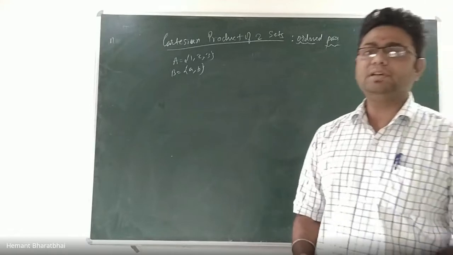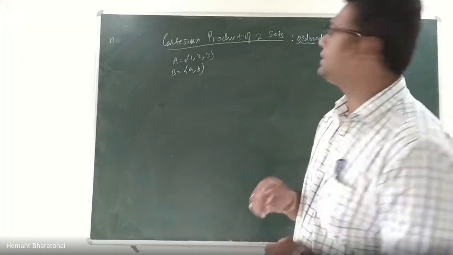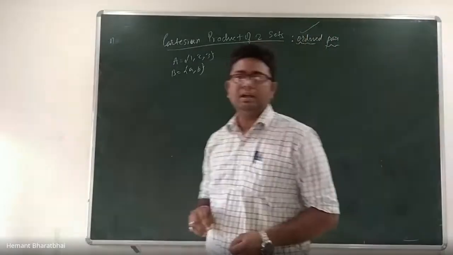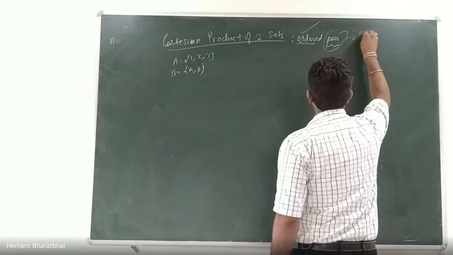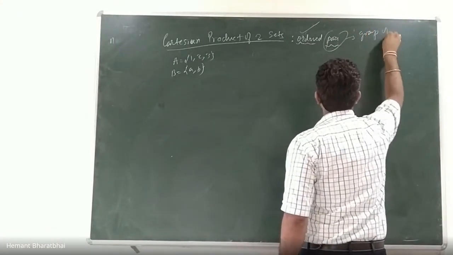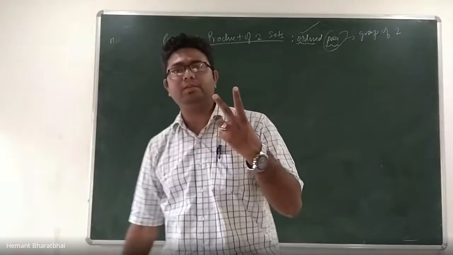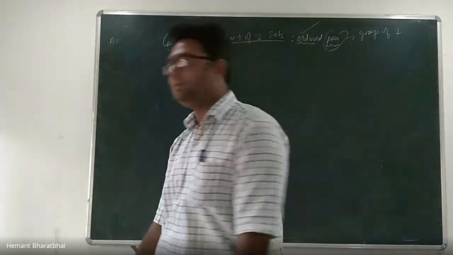Things will work or be returned only in a particular sequence. This is what the word ordered means. And when I say pair, which means group of two. So I write a group of two elements in a particular sequence. So what is the sequence? Who will decide? We will decide.